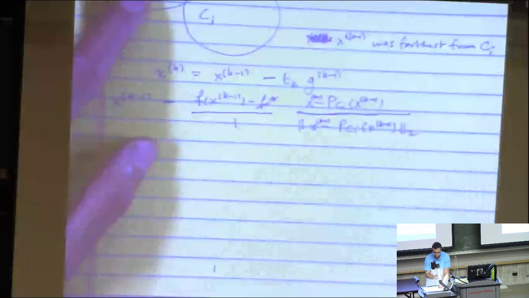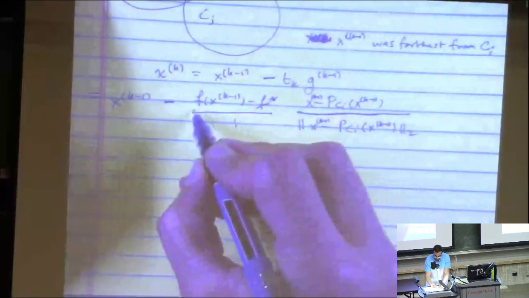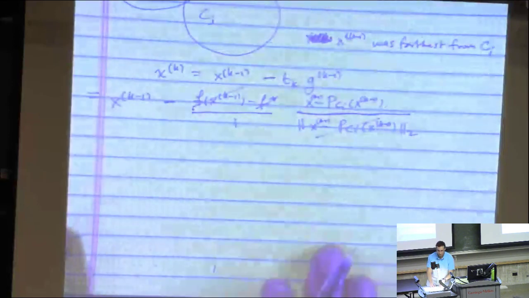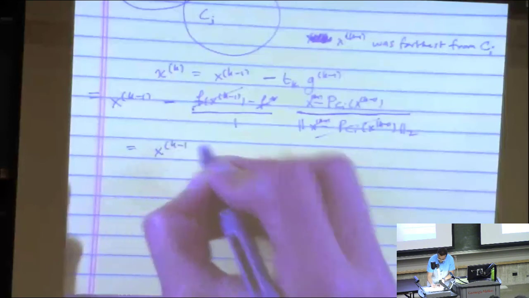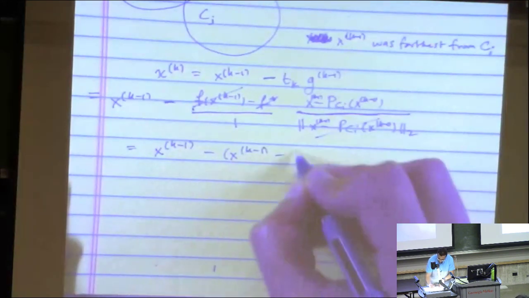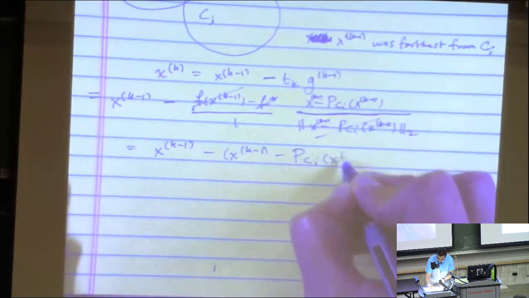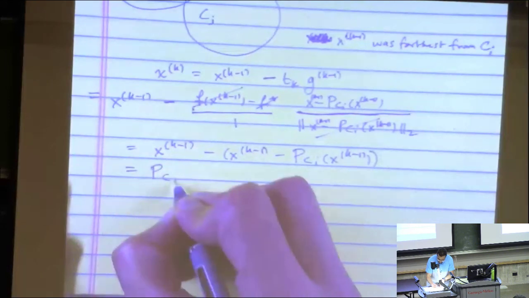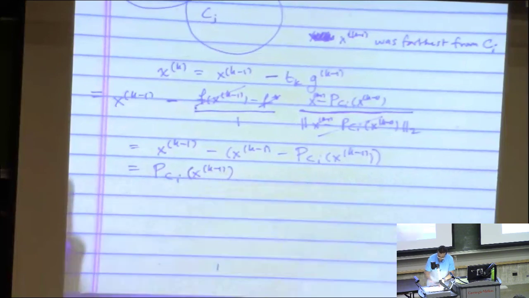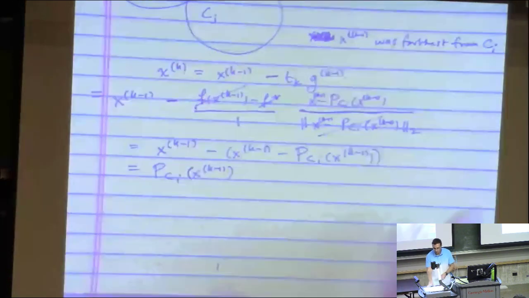It's the maximum distance to all the sets, and C_i I'm telling you was the max. So that means that this criterion value and this distance cancel, they're the same. And we can see the subgradient method actually exactly gives us as the update just project onto C_i. That's the whole update.